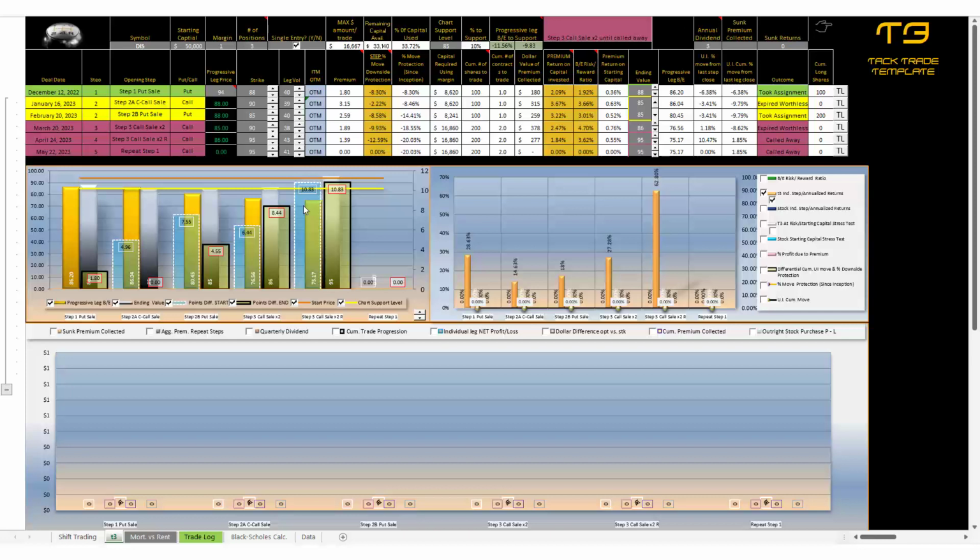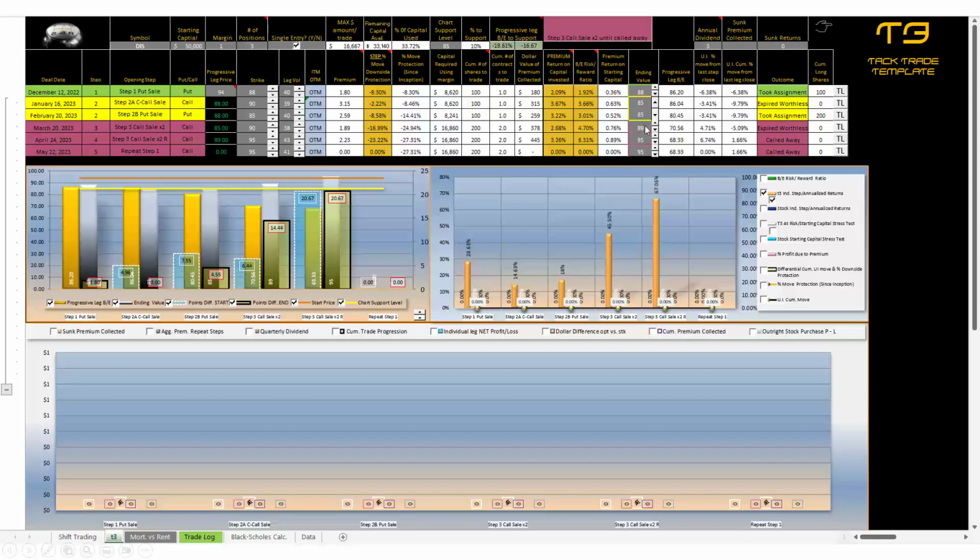Let's review that. Here it is. At 90, we were collecting $24. We had a $24 cushion before it would hit our break even. But if the share values drop from 90 down to 86, we are losing on both the share value that we've been assigned on and the premium that we can expect by still maintaining the $95 call strike.